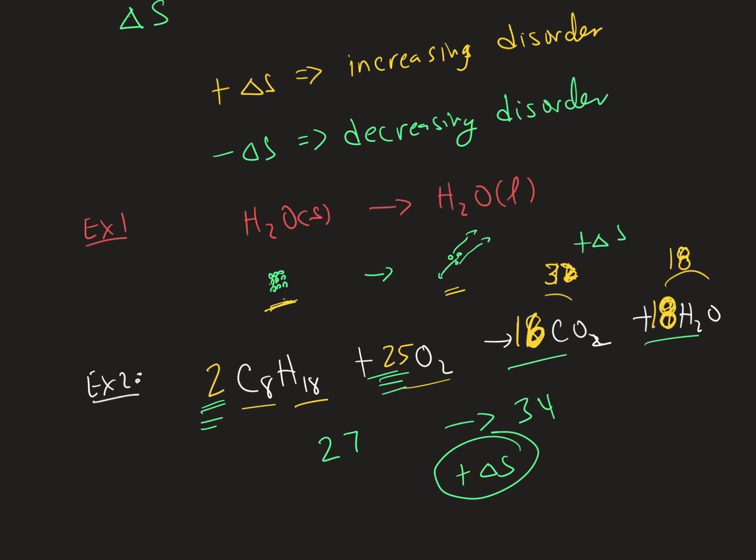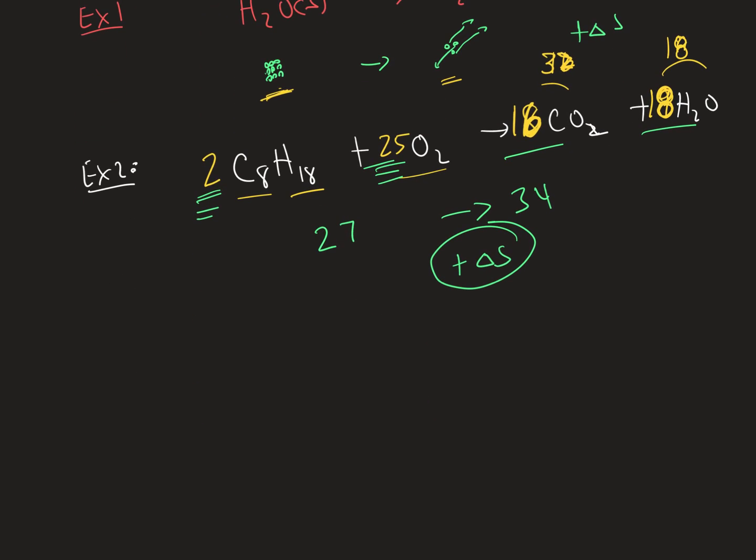Let's try another one. Or do you have any questions? Isn't heat also a pretty low order energy? Yeah, because it's moving so fast. So you could also kind of look at it like that sometimes.